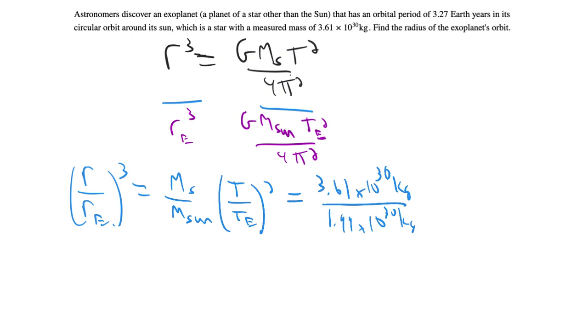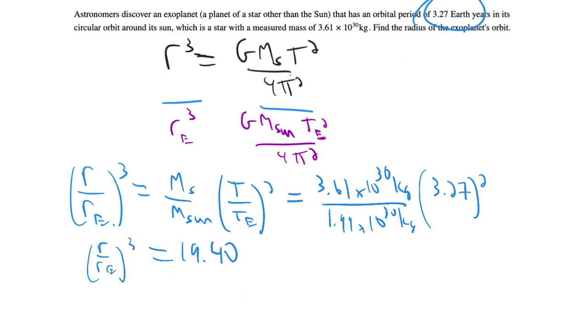And then we'd have over here the ratio of the orbit period to the Earth's period, but the Earth's orbit has a period of 1 year, so that ratio is exactly 3.27 because that's what they gave us there. And if we put all of that together, it becomes 19.40 is the ratio cubed.